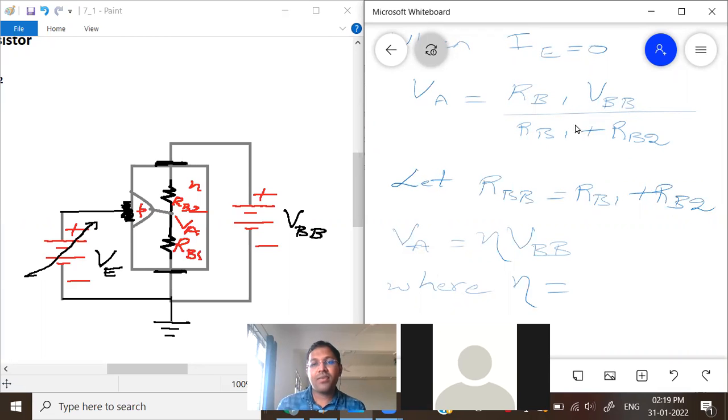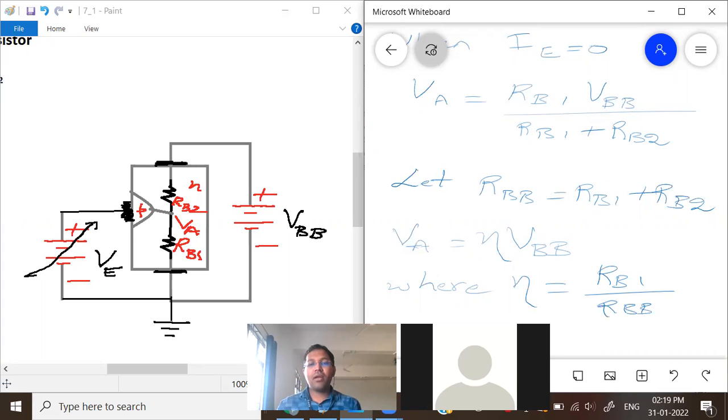But RB1 plus RB2 is nothing but RBB. So you can represent eta as RB1 by RBB.